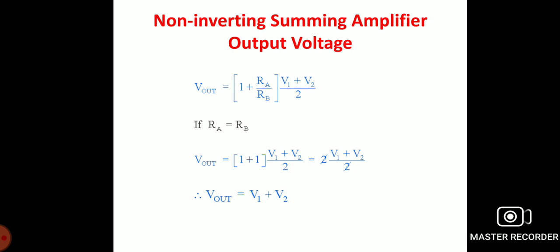In the same KCL conditions, if we make the two input resistances equal in value, R1 equal to R2 equal to R, so this is a non-inverting voltage, so we can put the positive sign.